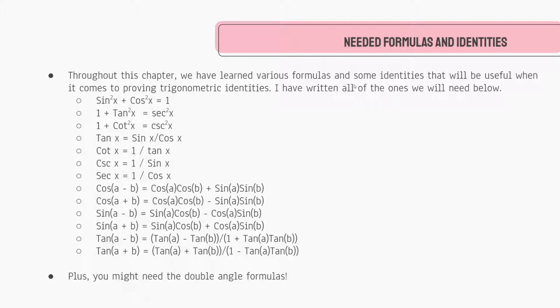So you need to essentially memorize all of these if you want to succeed. I know this list might seem a little bit extensive, like what do we have, 15, 16 different equations. And we also have the double angle formulas. But the more you work with them, the easier they become to remember.